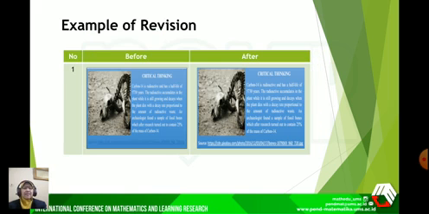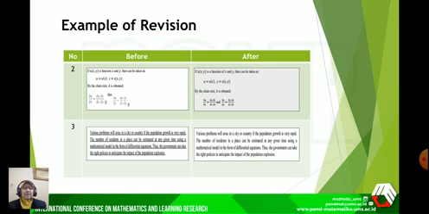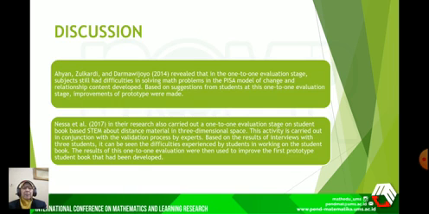These are examples of revision of the module about the writing of symbols. This is before and after revision, with some examples.